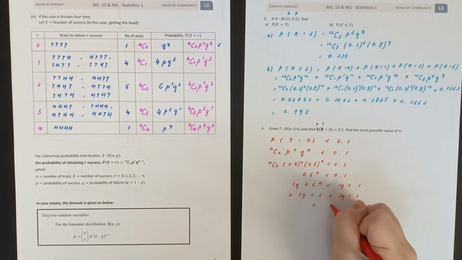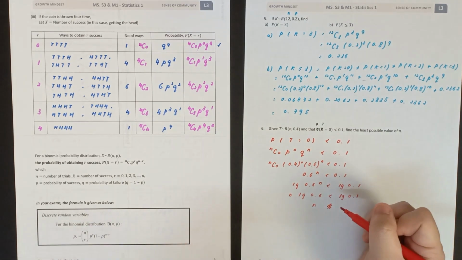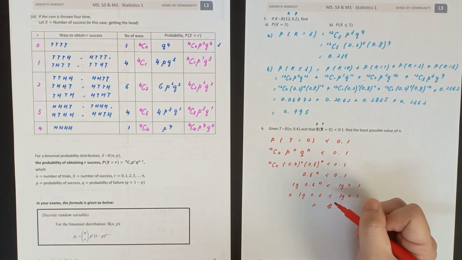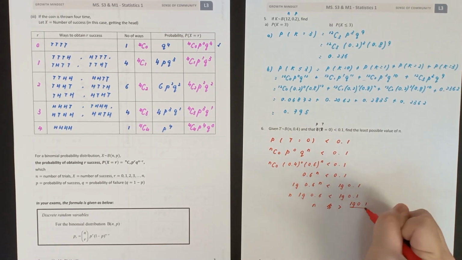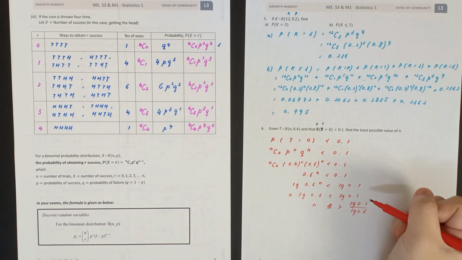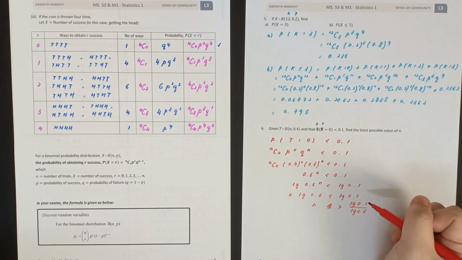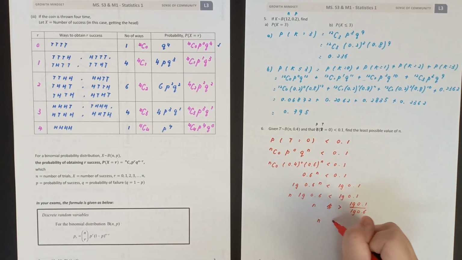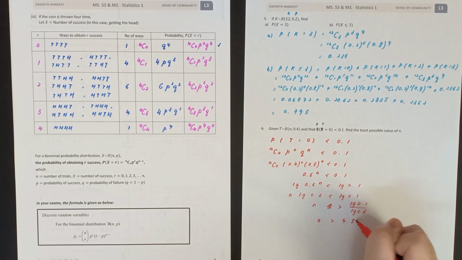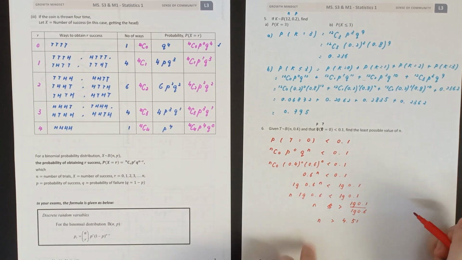Again, check with your calculator. I think this one you get a negative also. As long as the number is smaller than 1, you should get a negative log, so you need to change your sign also. So for this question you will get 4.51.